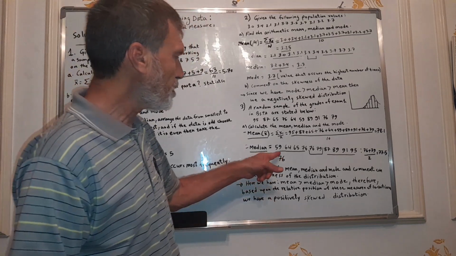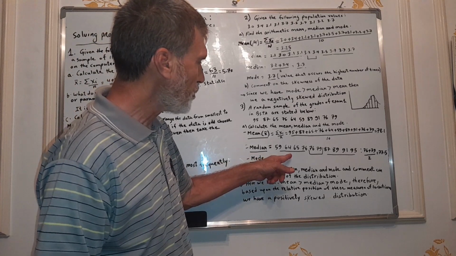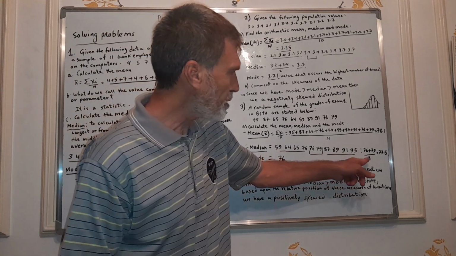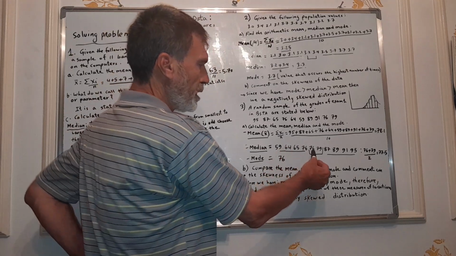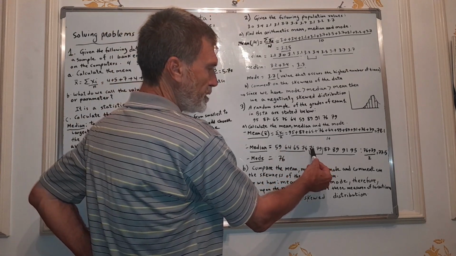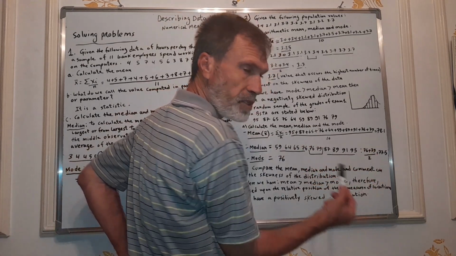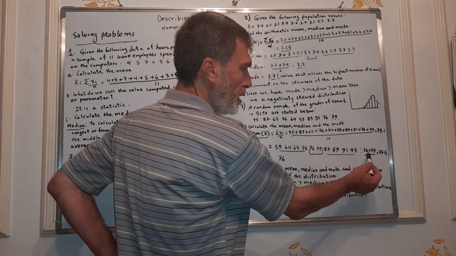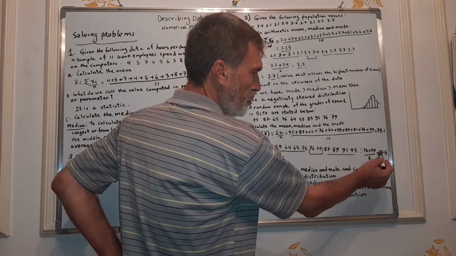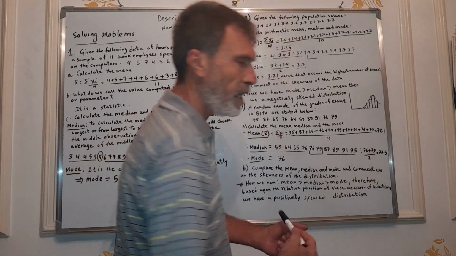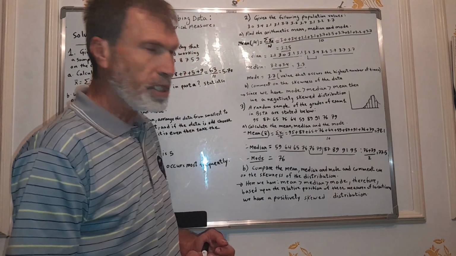So we arrange the data, as you see over here, from smallest to largest, okay? And then we take these middle two values, 76 and 79, we add them, divide by 2, and we come up with 77.5, which is the median of the data.